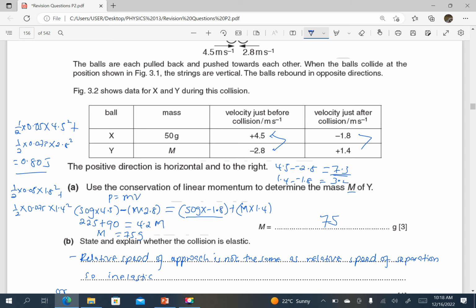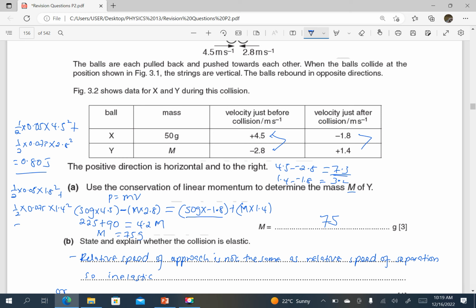So I check this again: 0.5 times 0.05 times 1.8 squared plus 0.5 times 0.075 times 1.4 squared.